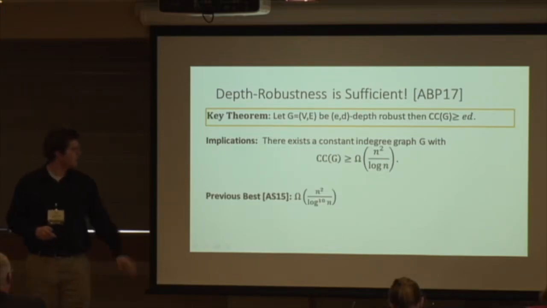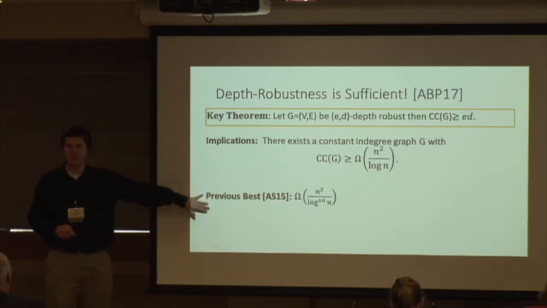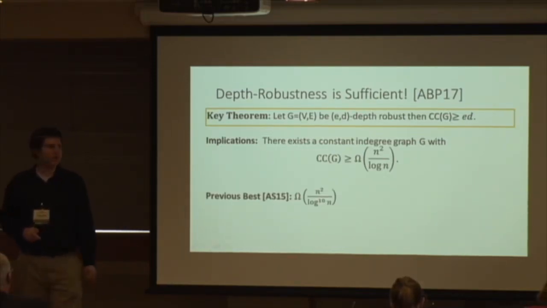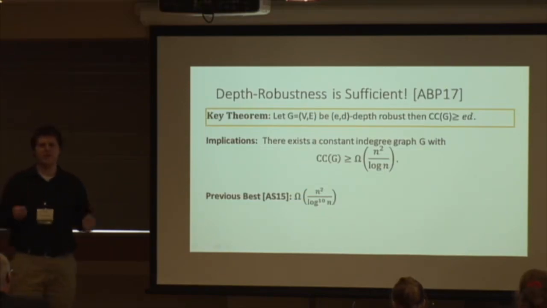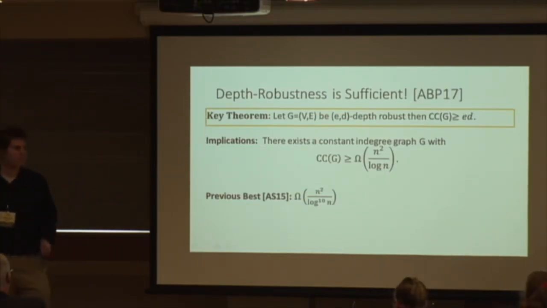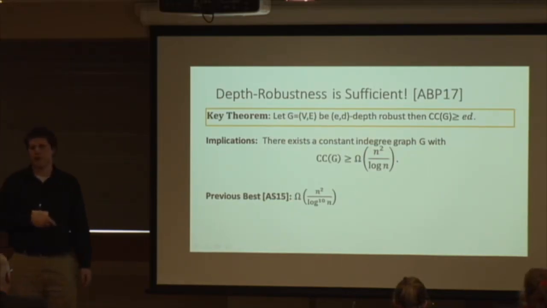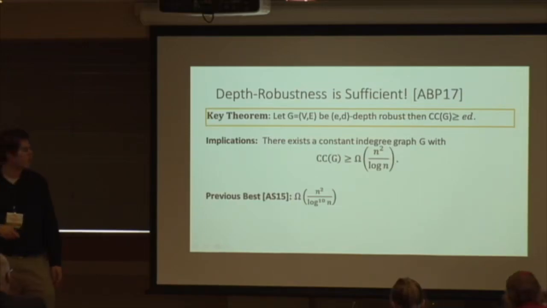And I should note that the best previous results, due to Alwen and Serbinenko, achieved a bound of n squared over log to the 10 of n. Now that's nice in theory, but in practice, this log to the 10 term is astronomically large. So in practice, this bound is actually not meaningful.